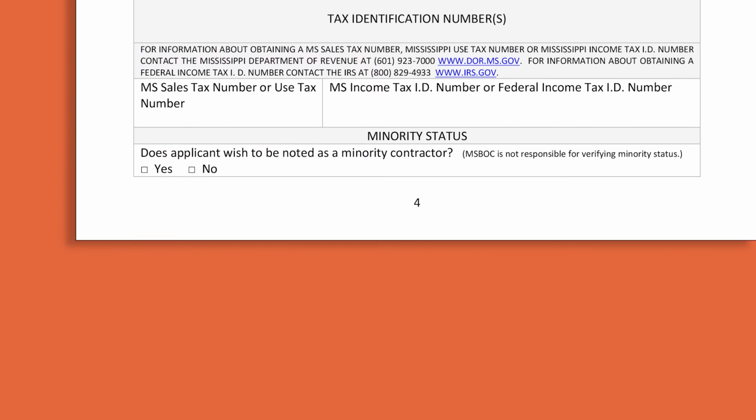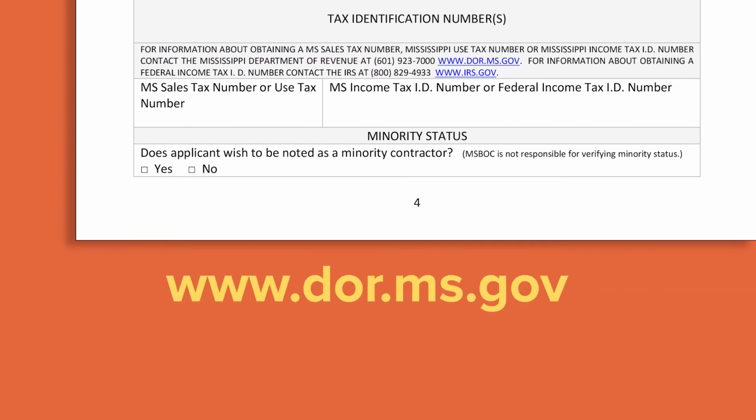For more information about obtaining a Mississippi sales tax number, a Mississippi use tax number, or a Mississippi income tax ID number, contact the Mississippi Department of Revenue. For more information about obtaining a federal income tax ID number, contact the IRS.